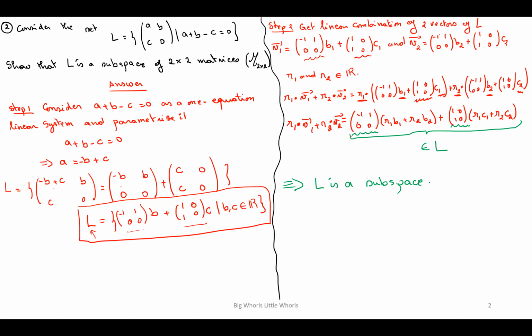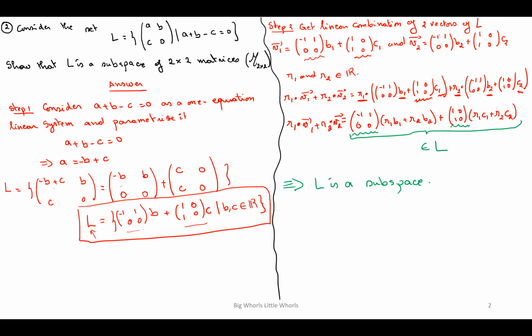Just a quick summary. In order to prove that a set is a subspace, first of all, that set must be a subset of a vector space. Then, if we take a linear combination of elements of that subset, we need to get an element of that subset.